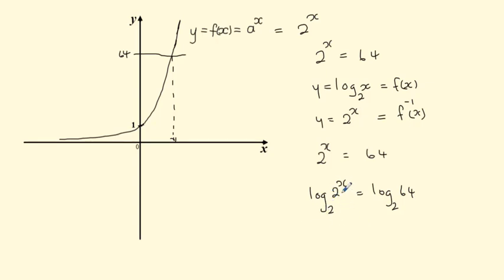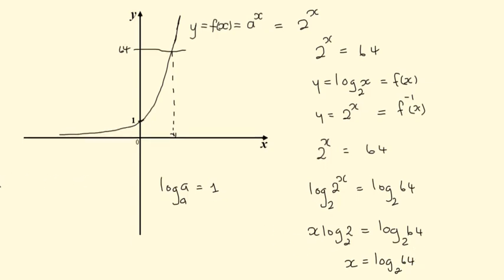Applying properties of logarithms, we end up with x log base 2 of 2 equals log base 2 of 64. Knowing that log base a of a is always equal to 1, we end up with x equals log base 2 of 64.